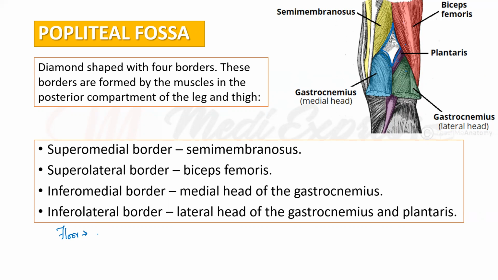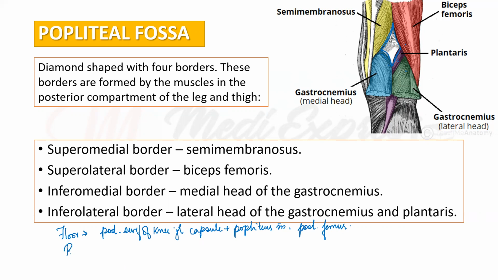So the floor of the popliteal fossa is formed by the posterior surface of the knee joint capsule plus we have popliteus muscle and the posterior part of the femur. So these are the ones which are there in the floor.